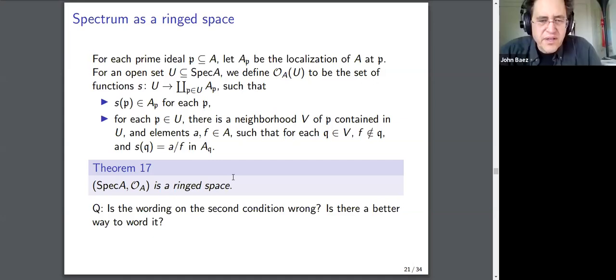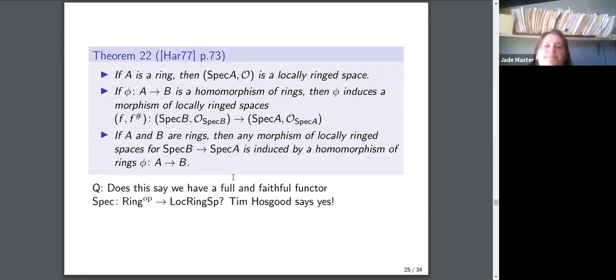The reason for this inverting business, this A over F, is that you want to get rational functions into the game, even though you just started with polynomials. But you don't want rational functions that blow up on your open set. So O sub A of U is not supposed to have any rational functions that blow up at points of U. I think that's the idea. Okay, yeah, that makes sense to me.